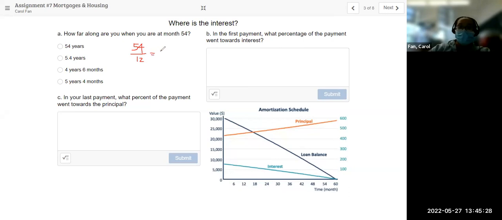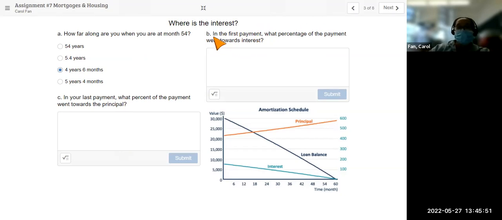What you would have is 4 and a remainder of 6. So the remainder is the number of extra months we have, and 4 is the years.